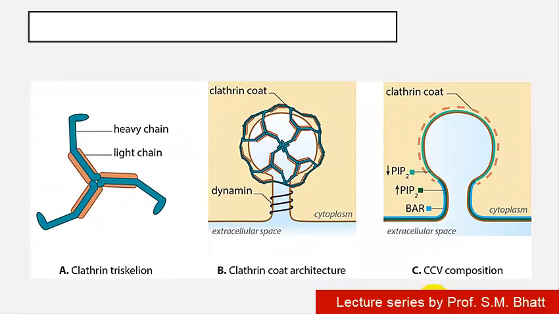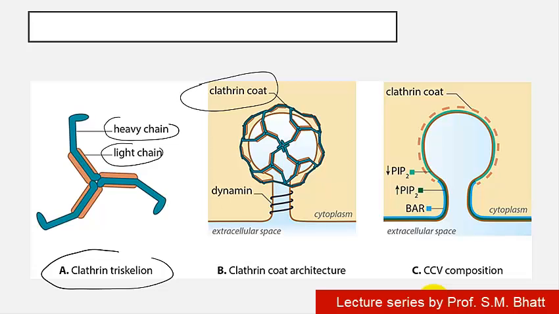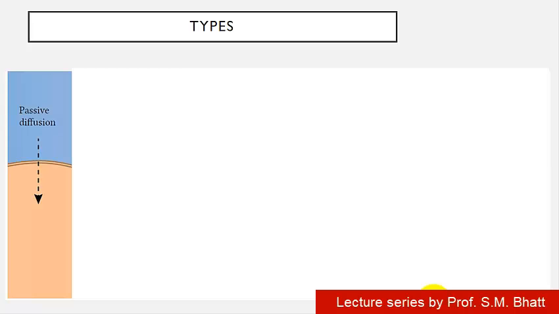You can see the clathrin triskelion structure, which has a heavy chain and a light chain. So they are forming the clathrin coat. Dynamin is there, and you can see the clathrin coating, which packs the vesicle very effortlessly, right? So we are going to discuss one by one. Just a minute.